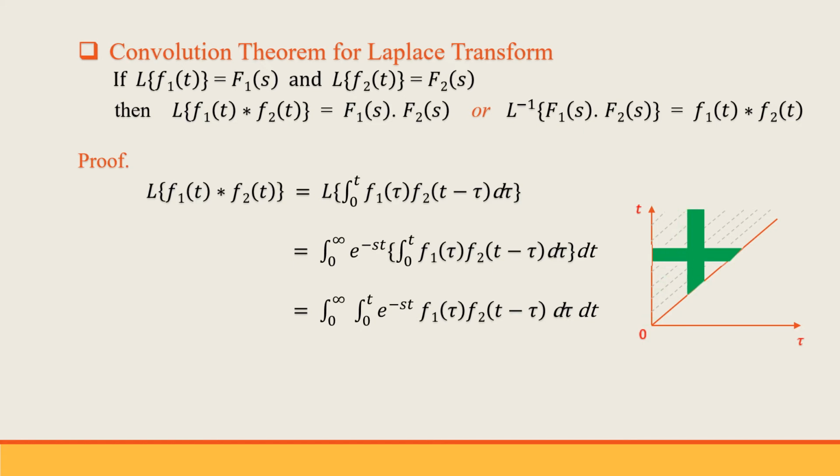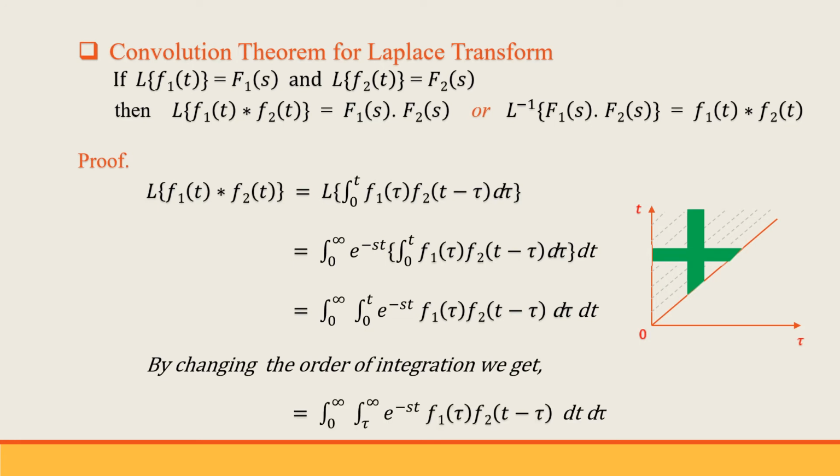So, by changing the order of integration, we can write the above equation as integral 0 to infinity, integral tau to infinity, e raised to the power minus st into f1(tau) into f2(t minus tau) dt into d tau.